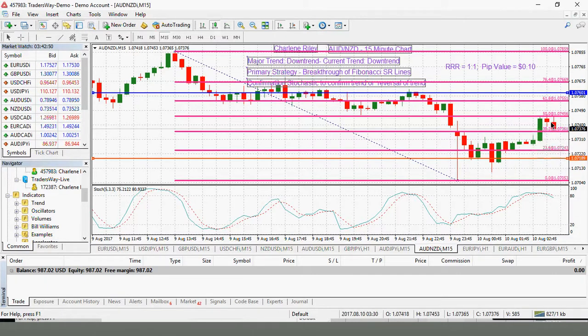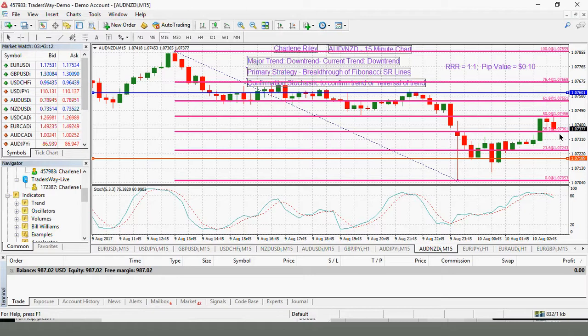So what I am looking for as far as a trade setup is a breakthrough below the support line of 1.07361.